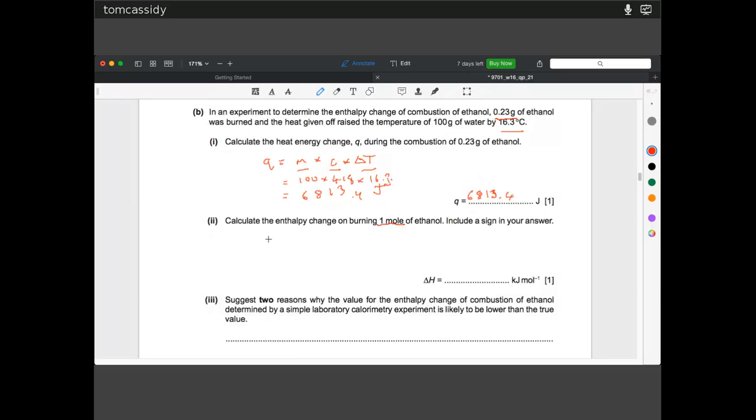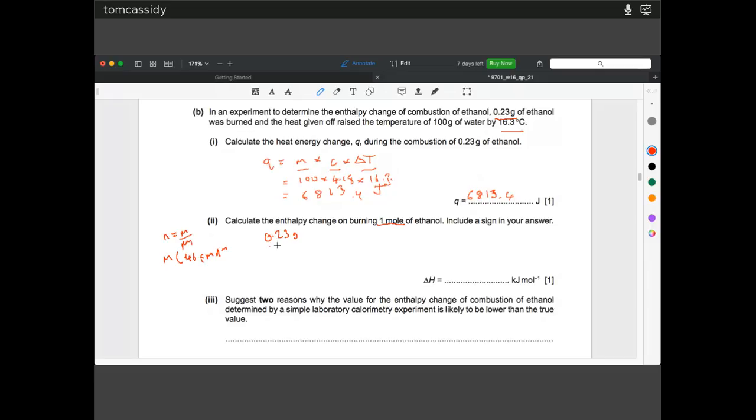So we started with 0.23 grams of ethanol. The molar mass of ethanol is 46 grams per mole. So to go from mass to moles, the amount is the mass divided by the molar mass.